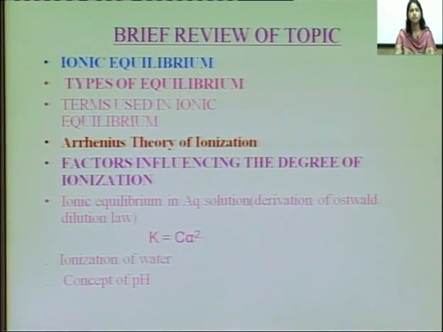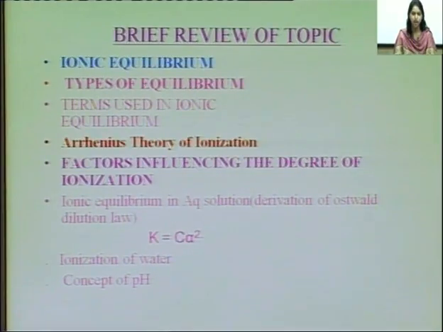So, it is always maintained in closed vessels, and it is always attained in the case of weak electrolytes. Then I have discussed the ionic equilibrium, where ionic equilibrium is formed whenever the molecules are ionized to form the two types of ions. Then concentration of ions increases and the ions combine together to form molecules again. At that stage the ionic equilibrium is set up.